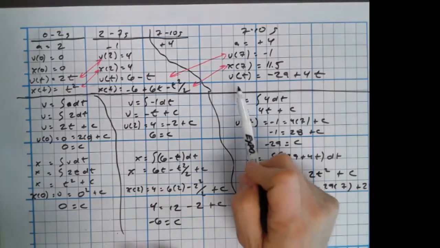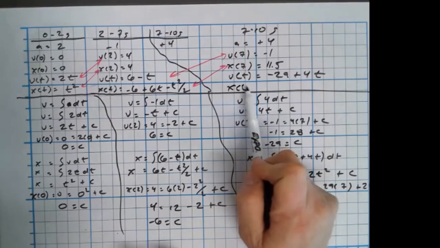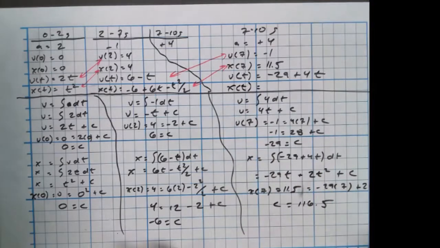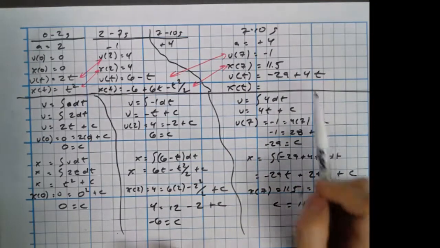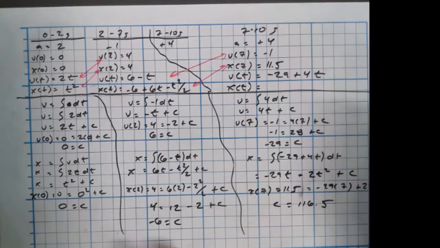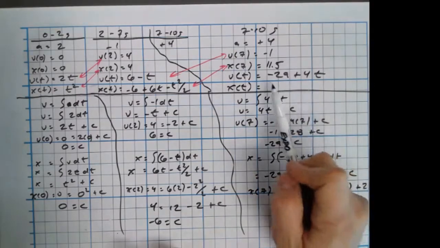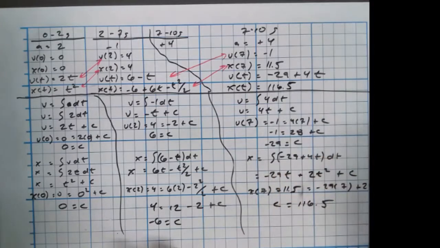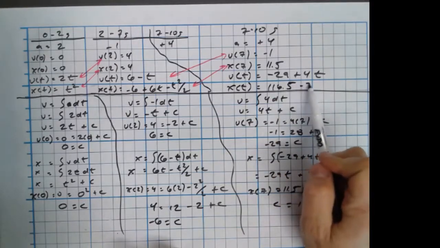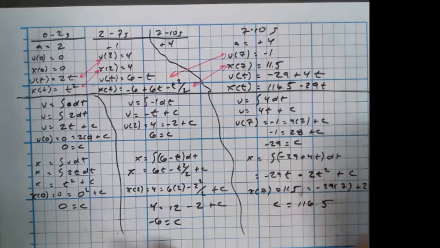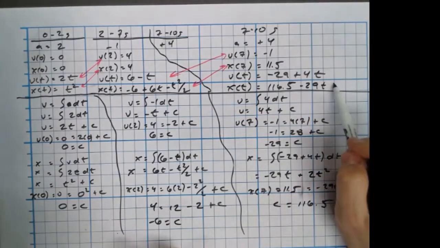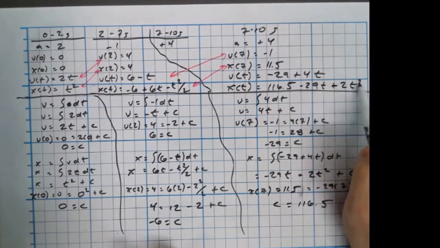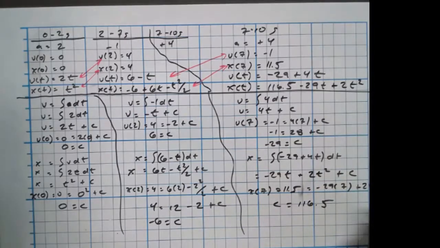So that gives you x of t equals 116.5 minus 29t plus 2t squared. There we go. That is the whole thing.